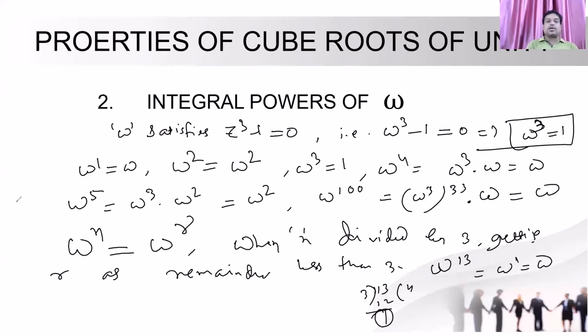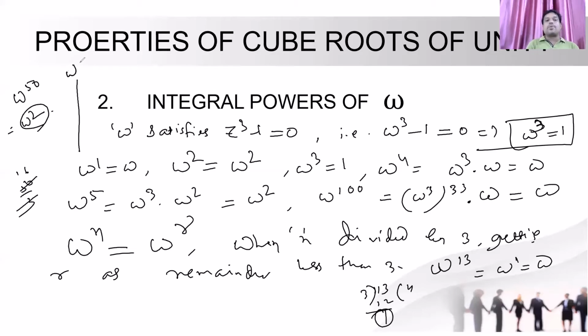Now in this way, any power of omega we can find out. Like omega to the power 50. So 50 divided by 3: 3 sixes are 18, remainder 2. So omega square. Simply, 50 divided by 3 has remainder 2, so the answer is omega square.